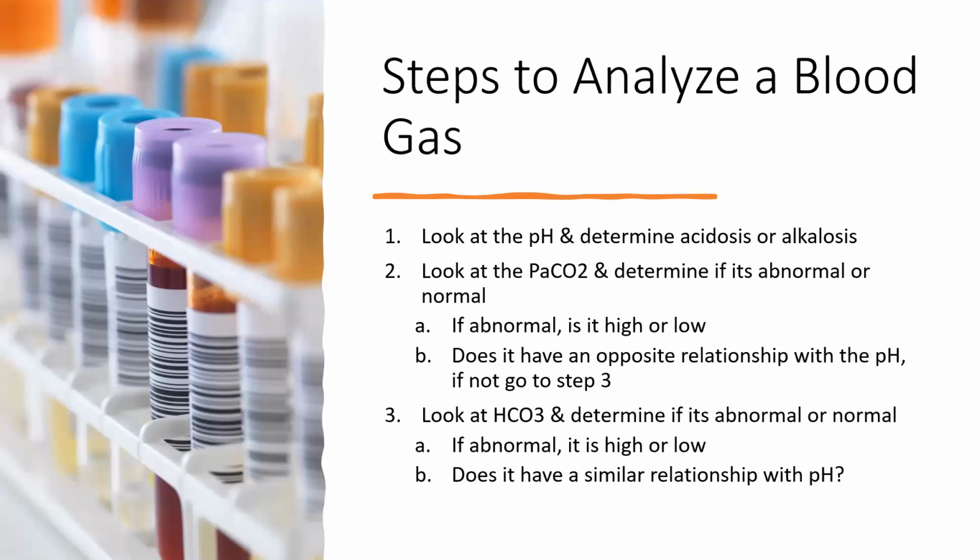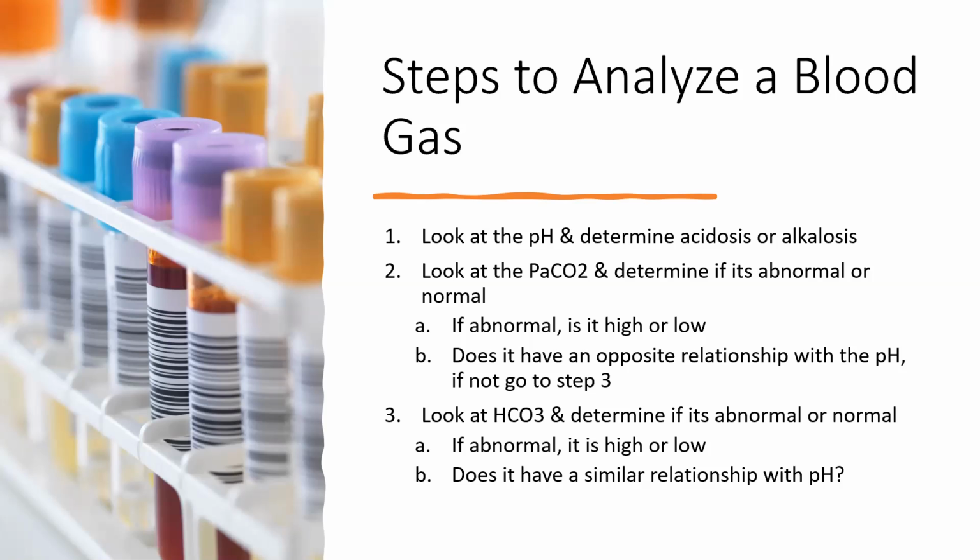The second thing I'm going to look at is the CO2. I'm going to determine, is the carbon dioxide level normal or abnormal? If it's abnormal, am I looking at a number that's high or low, and does it correlate with the pH? Remember, the carbon dioxide level is going to be the opposite of what the pH is. So if the pH is low, we anticipate the carbon dioxide level to be high, and reverse as well.